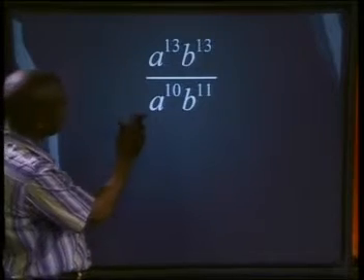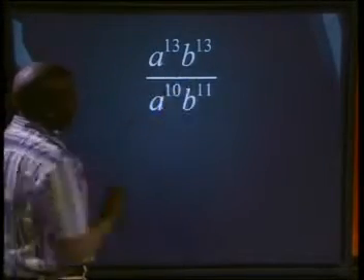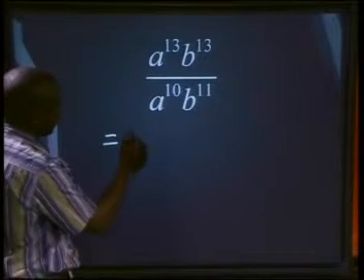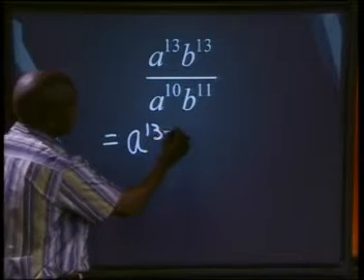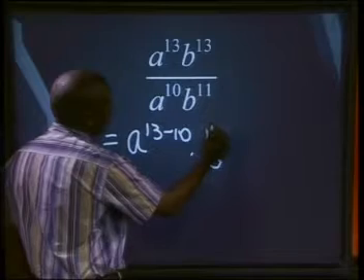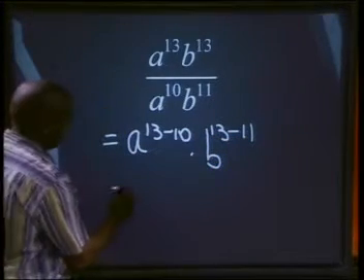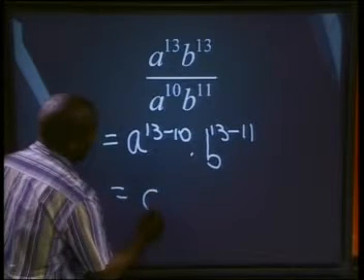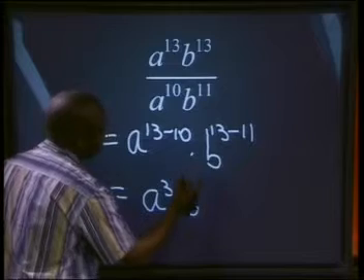But now we have to subtract the ones with the same base, a and a, b and b. That will give us a to the power of 13 take away 10, multiplied by b to the power of 13 take away 11. That will give us a to the power of 3 times b to the power of 2.